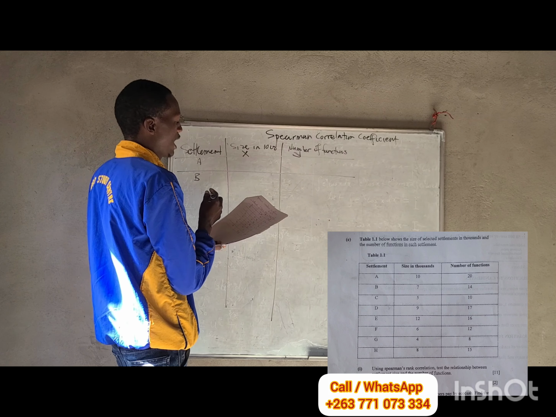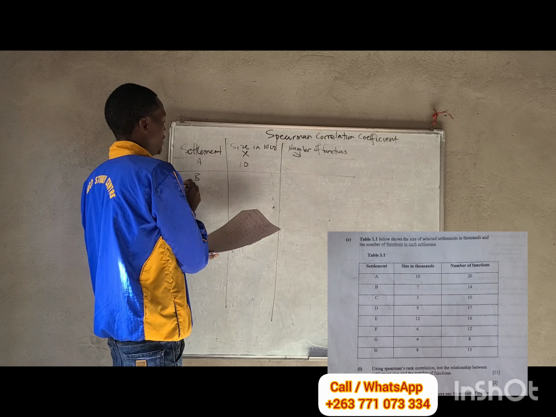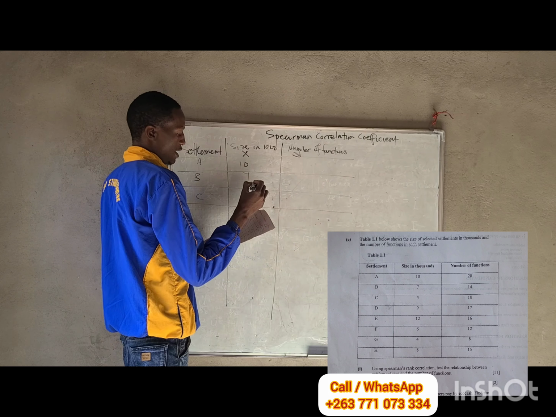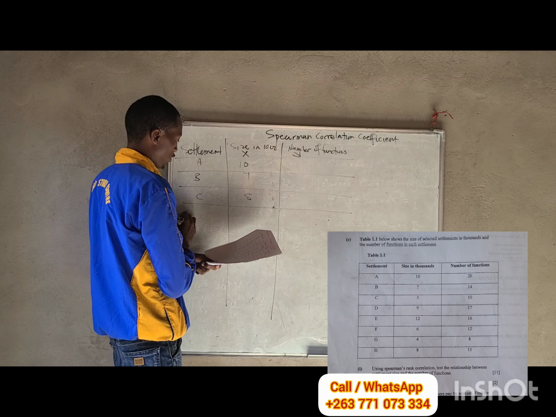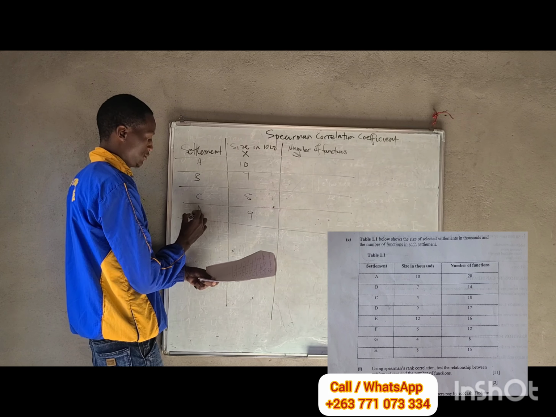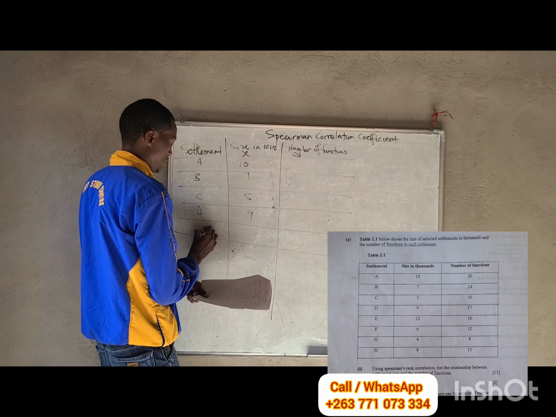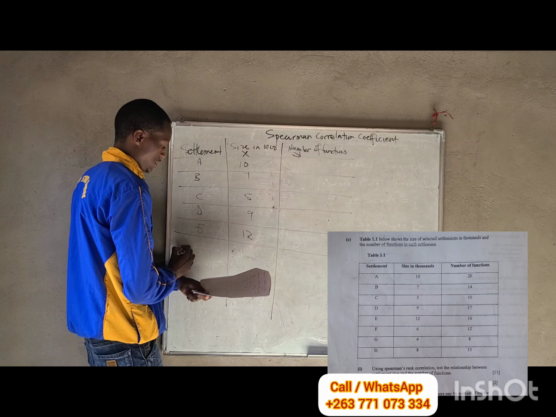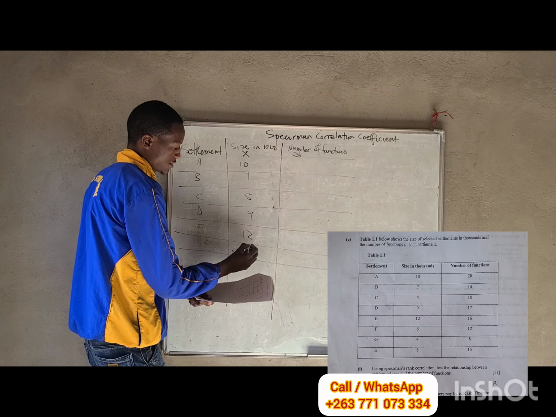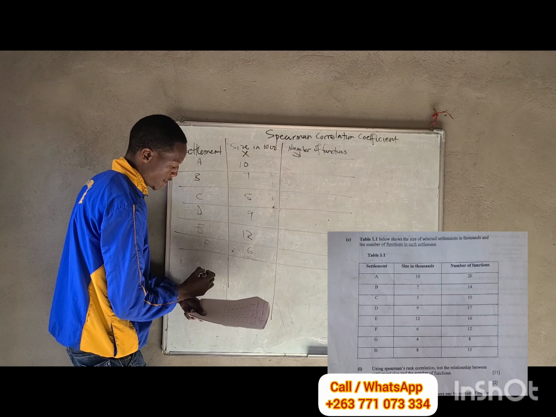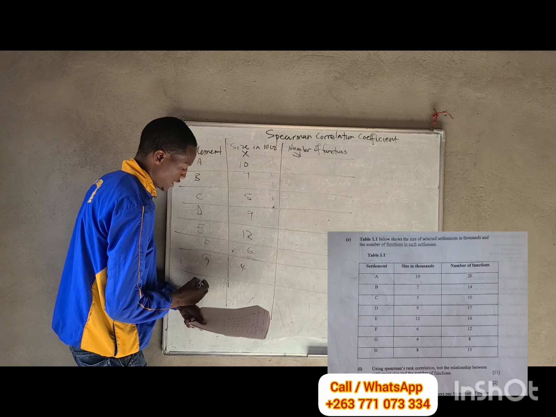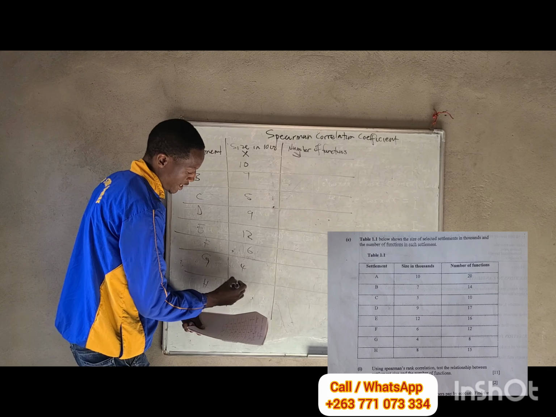For the settlements, we have A with 10, then B with 7, C with 5, D with 9, then E has 12, then F with 6, then G with 4, then H represented by 8.